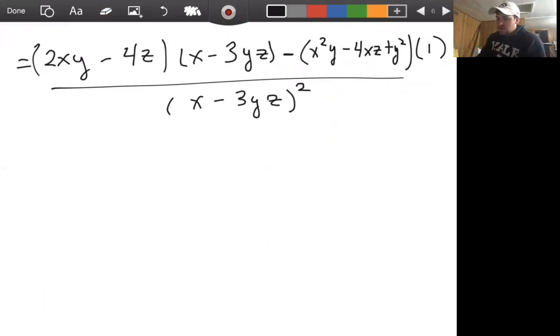And now we could simplify this slightly. We can FOIL these two terms here.